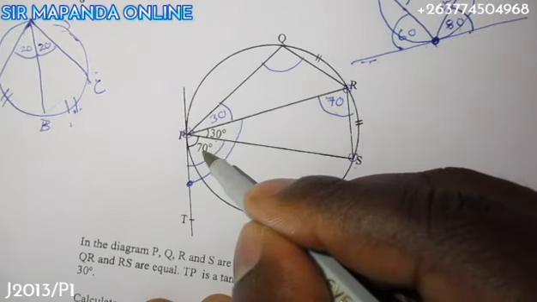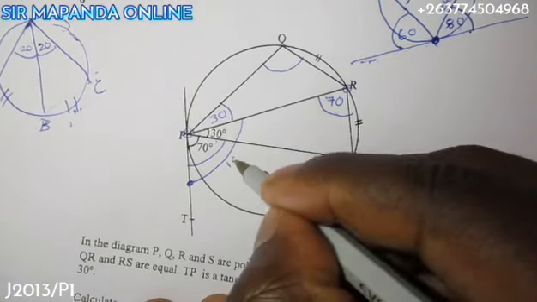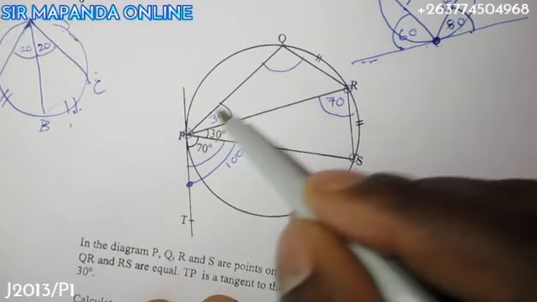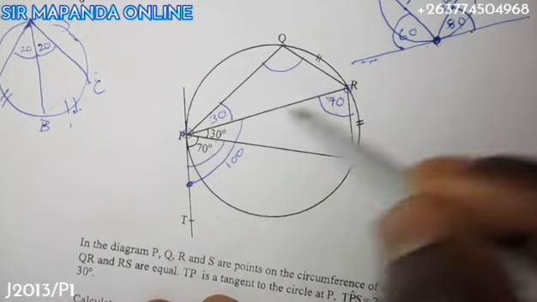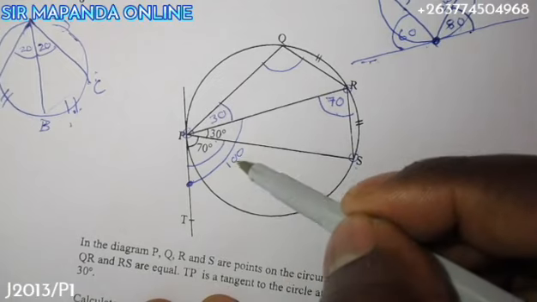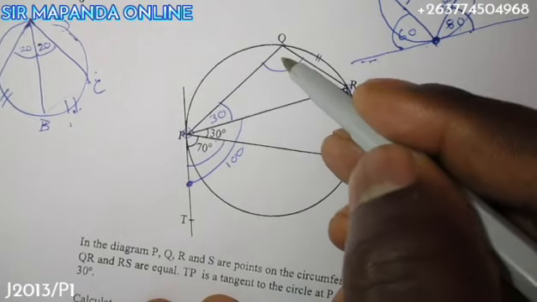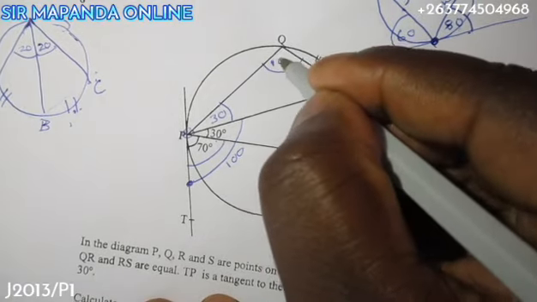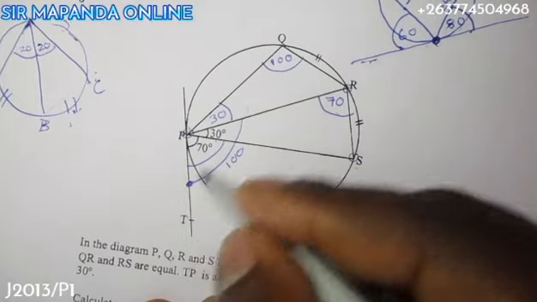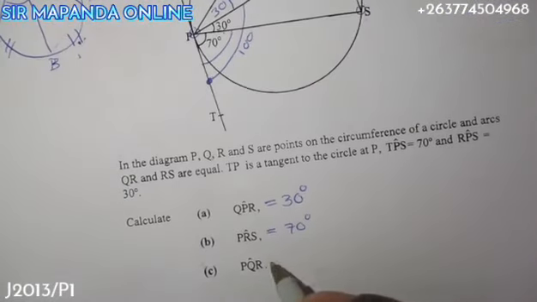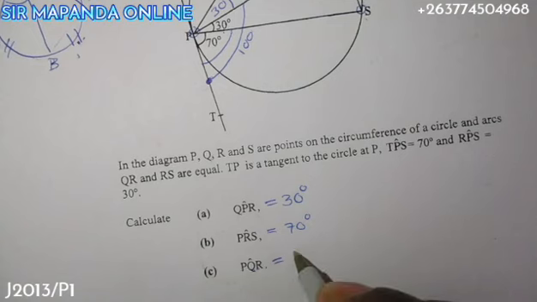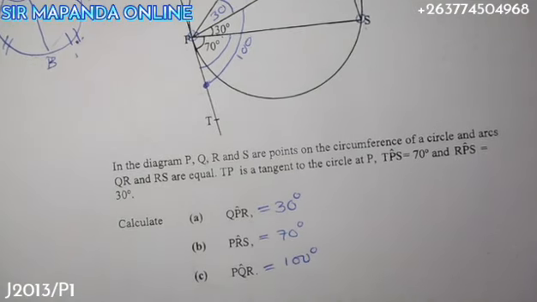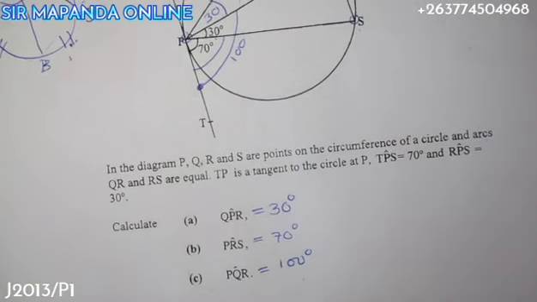So you are saying 70 plus 30, it gives you 100, which is the angle between cyclic triangle PQR and the tangent. So this 100 is equal to Q, which is opposite to this. So you can say PQR is equal to 100 degrees.